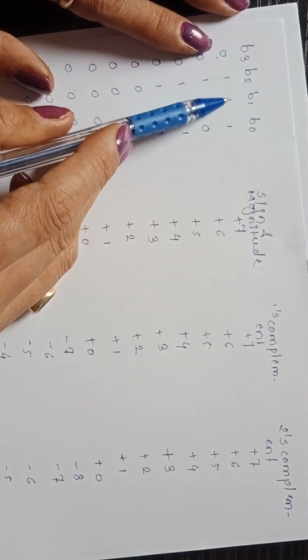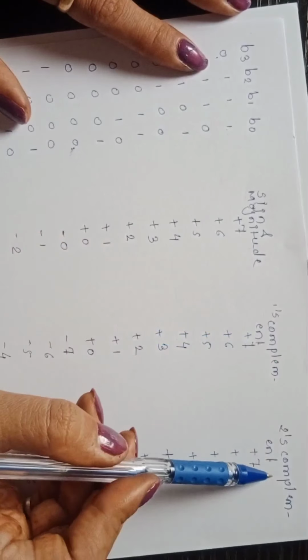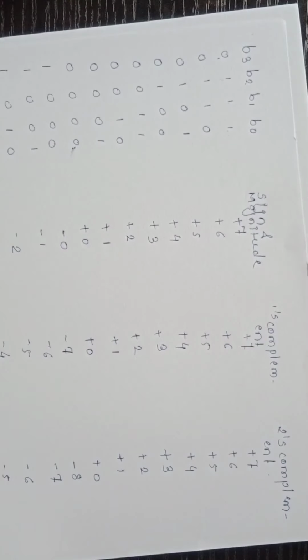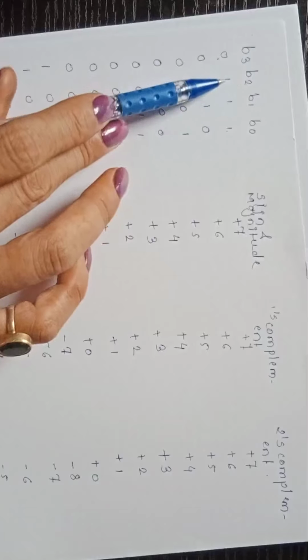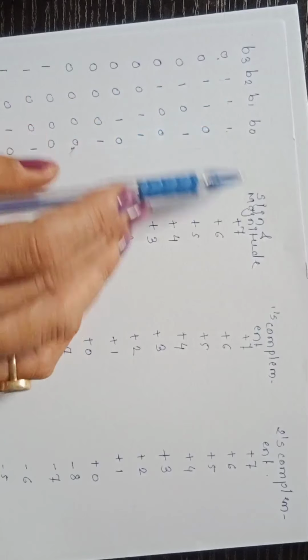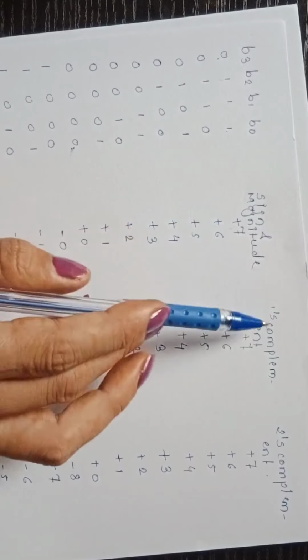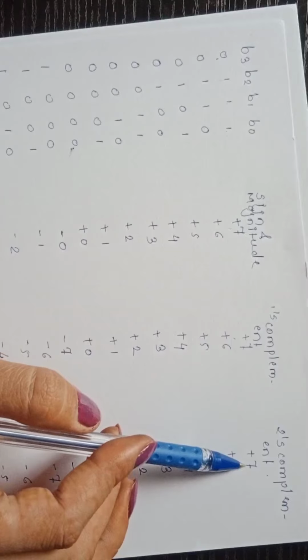First 0 1 1, in sign and magnitude, then 1's complement and then 2's complement. Now look, 0 1 1. We know that 0 1 1 is 7. So in sign and magnitude it is plus 7, then in 1's complement again plus 7, and in 2's complement it is again plus 7.